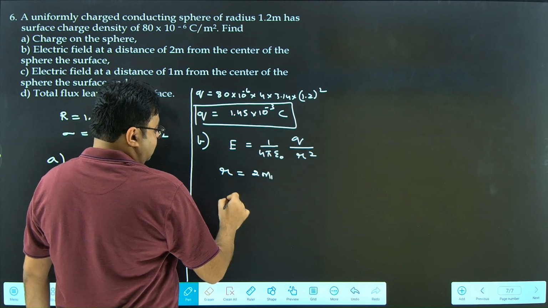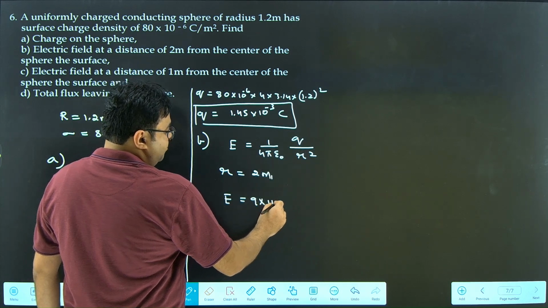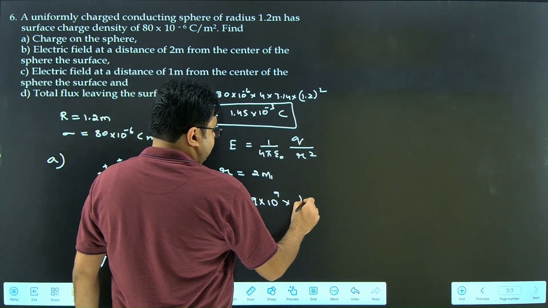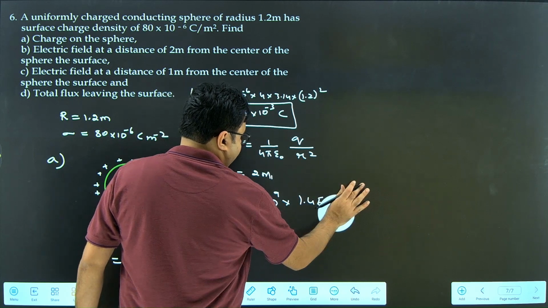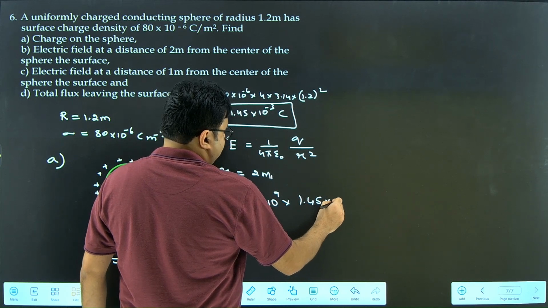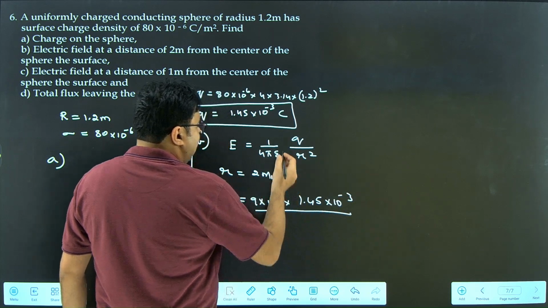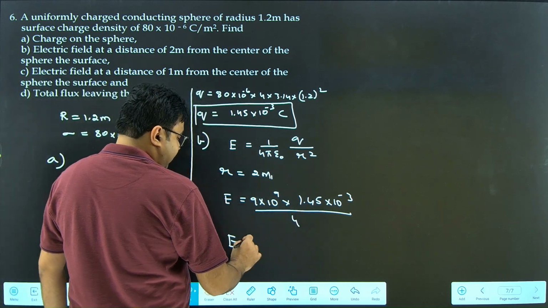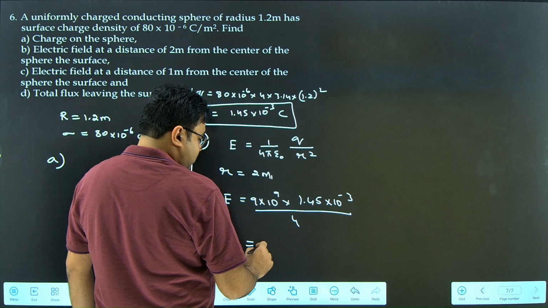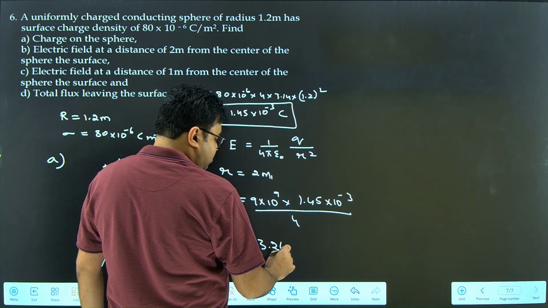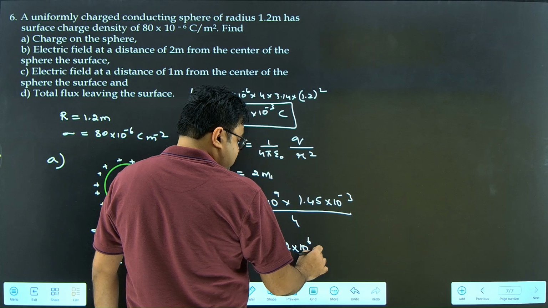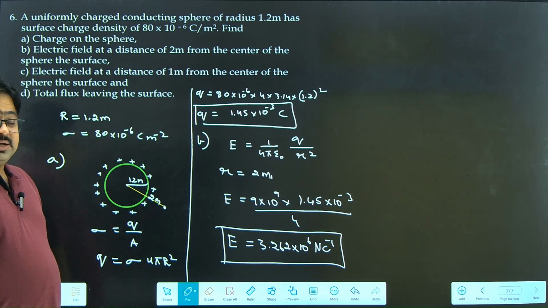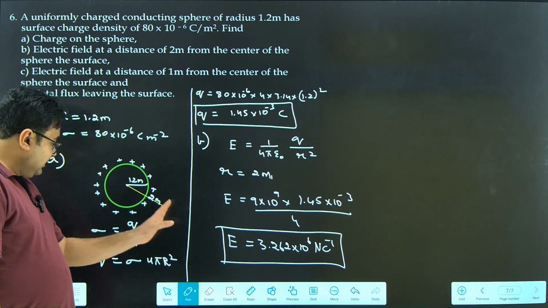So let me substitute: E equal to 9 into 10 to the power of 9 multiplied by Q, which is just now calculated, 1.45 into 10 to the power of minus 3, divided by r square. r square is 2 square, that's 4, and this electric field in magnitude turns out to be 3.262 into 10 to the power of 6 Newton per coulomb. That is the value of electric field, and it's radially outward if it is positive charge and radially inward if it is negative charge.